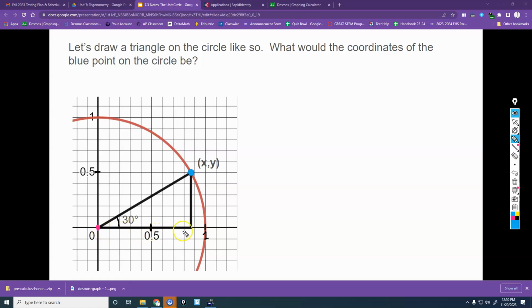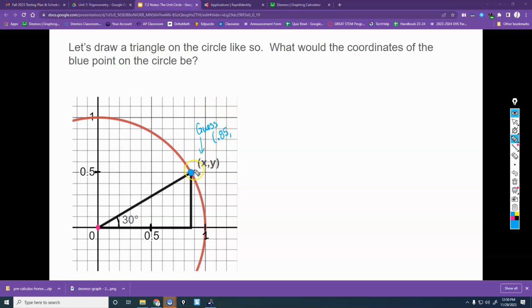So each block is 0.1. If we wanted to guess, this is somewhere between 0.8 and 0.9. So for just a guess, we could say that maybe it's like 0.85. Might be a little more than that, like 0.86 or 0.87 or something.